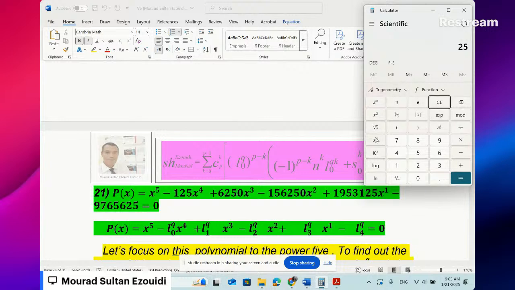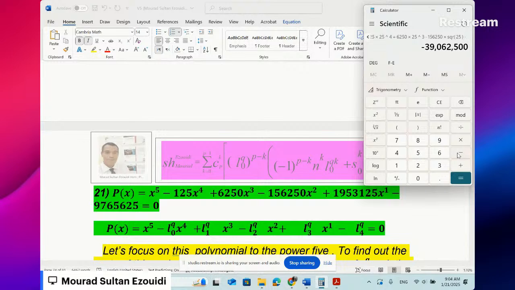We have 25 raised to the power 5, because this is the highest power, minus 125 multiplied by 25 raised to the power 4, plus 6,250 multiplied by 25 cubed, then negative 156,250 multiplied by the square of 25.